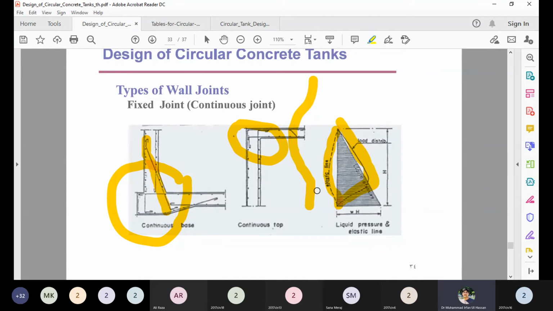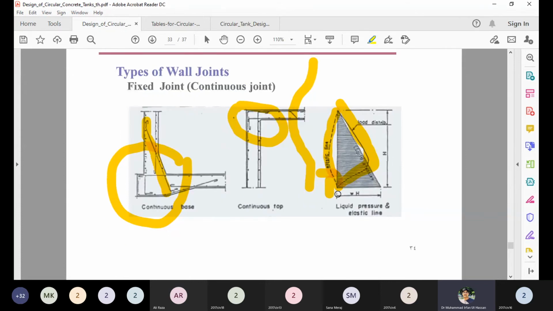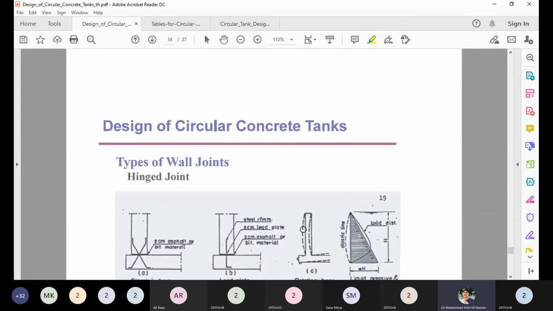If it is a rectangular tank, then for this kind of condition the elastic curve is different, and when it is a circular tank, its elastic curve is different. We need to analyze the tank properly, because this structure is a folded or plate type of structure which is considered a shell structure or circular structure. So the behavior of the circular structure is different from the rectangular structures.